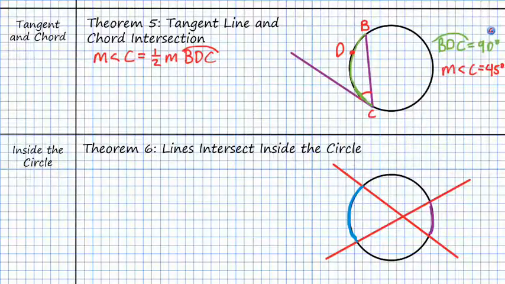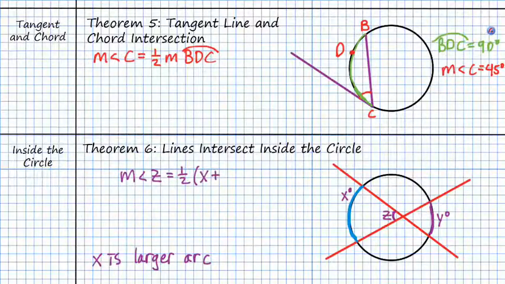Given these three objects, two arcs and an angle, if we have this large arc here, which is X, so X is the larger arc, then the measure of angle Z is equal to 1/2 the measure of arc X plus the measure of arc Y. Let's see what it would be.